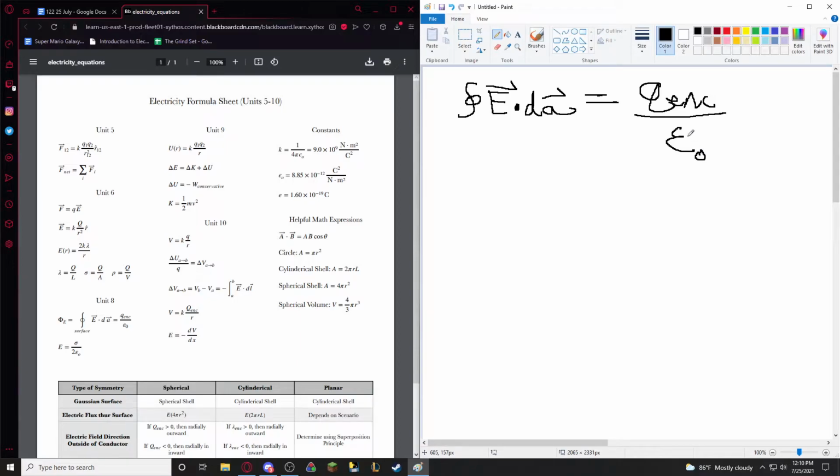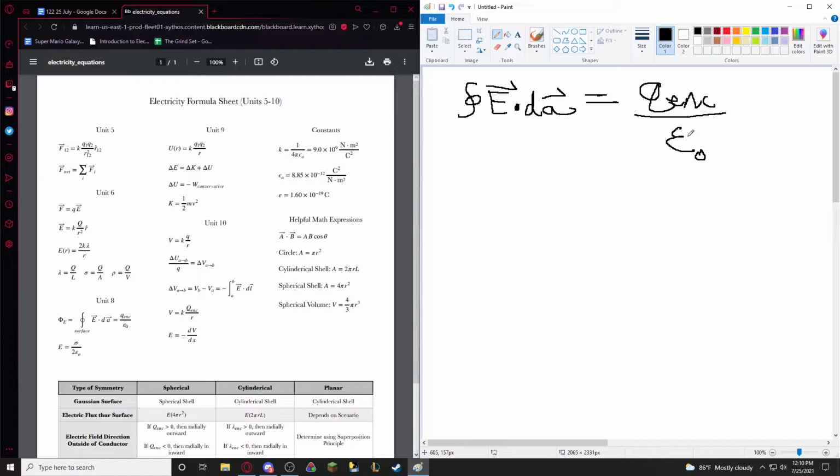More specifically, what exactly is this dot product E dot dA? Well, when everything's said and done, I believe it just turns into E times A. And more specifically, what physical quantity does it represent?